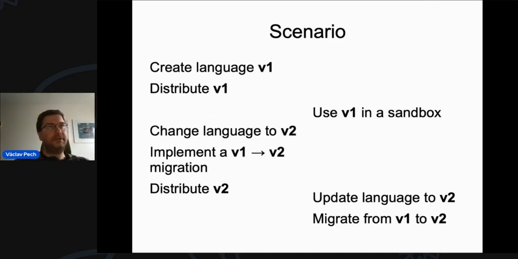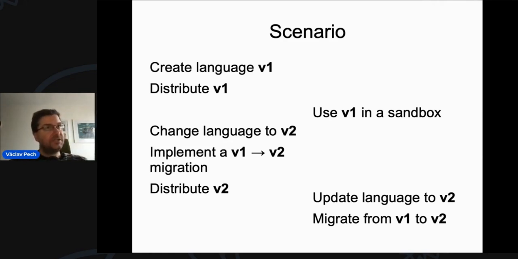Well, so the scenario, right? Someone uses version 1 of your language that you've distributed earlier. Now you have a second version of that language that you distribute. So what MPS does, it actually keeps a number in each language, like what version of a language it is.